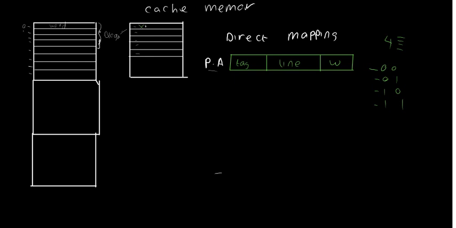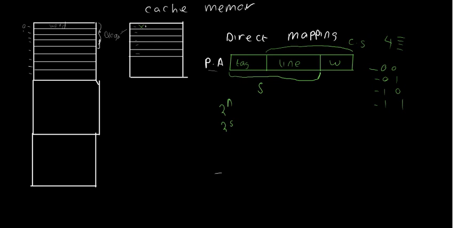Then, other things to note: a combination of these bits here determines the number of blocks, right? And then these bits over here determine our cache size, and all this is in powers of 2, of course. So our memory address space would be 2 to the power n, n being the number of bits that we have in our address. Then our number of blocks would be 2 to the power s, right?